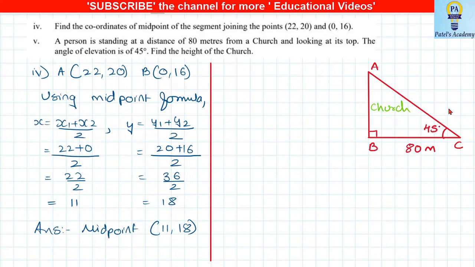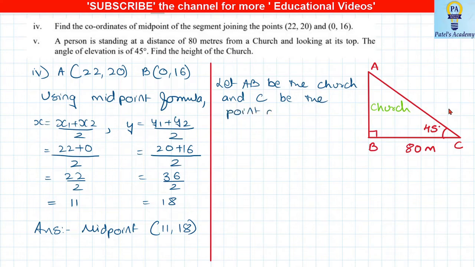Before we do the calculations, we have to write down what stands for what in the figure. Let AB be the church and C be the point of observation, or you can even say C be the point of the position of the person.